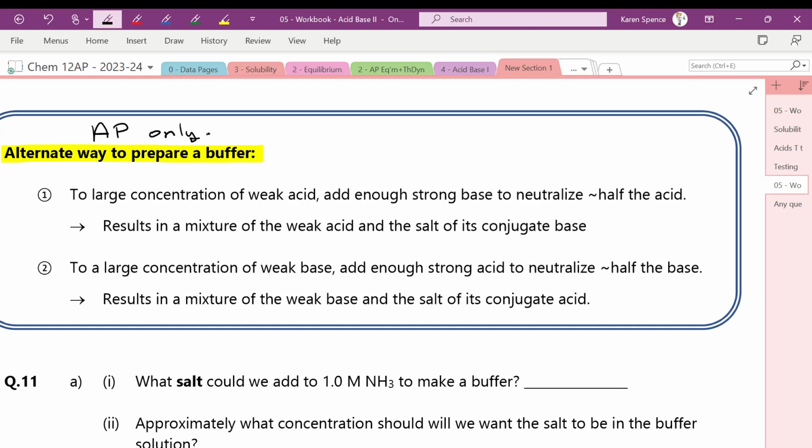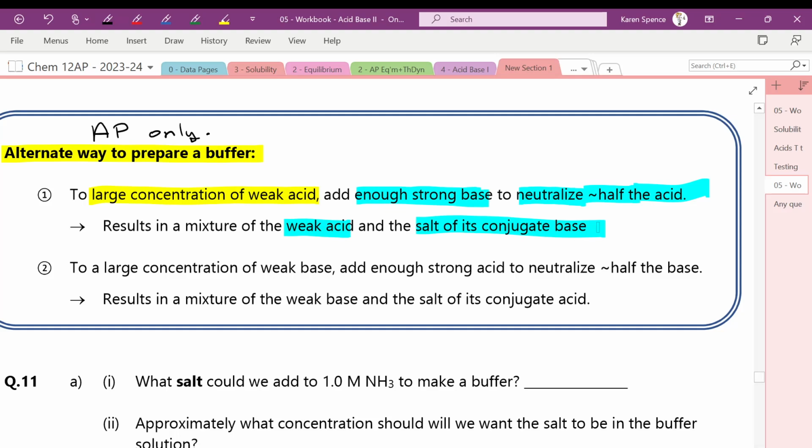To a large concentration of weak acid, what will you add? A strong base, enough to neutralize about half the acid. You're going to end up with the weak acid and the salt of its conjugate base. That will be the result.